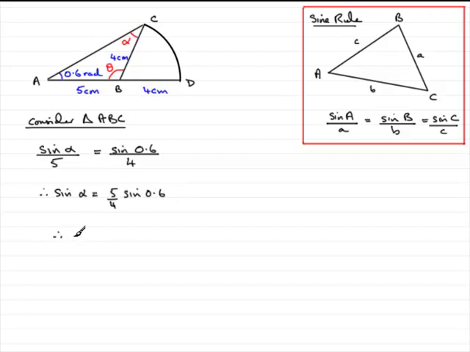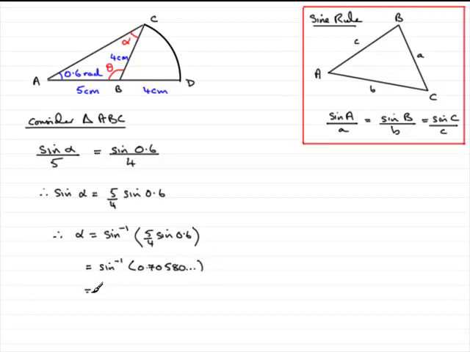So to get alpha, all you need to do is the inverse sine of this value, 5 over 4 sine of 0.6 radians. Now, if you do this calculation, what you should find you get is 0.70580 and so on.